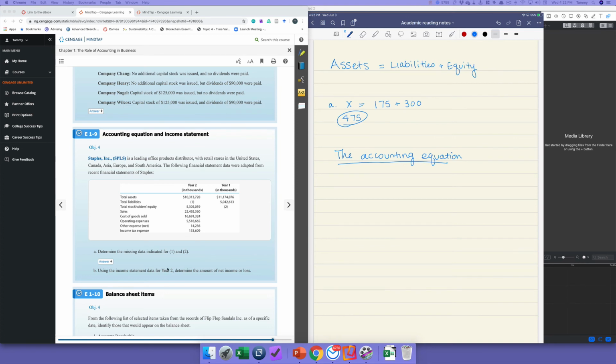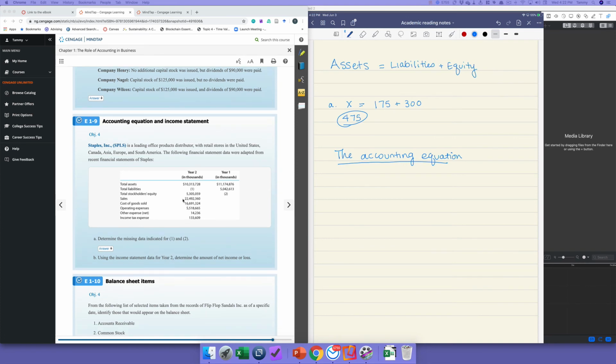But the second half of that is we want to calculate our profit or loss, right? Remember that net income is profit, and it's revenues or sales minus expenses.